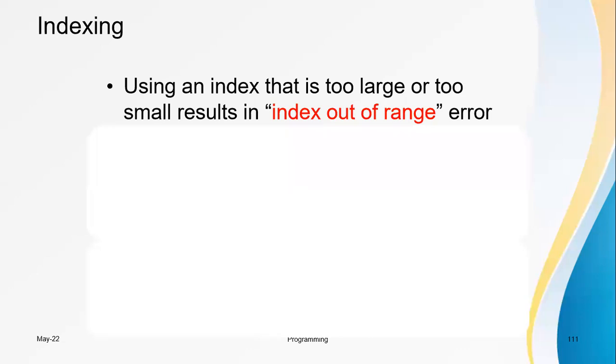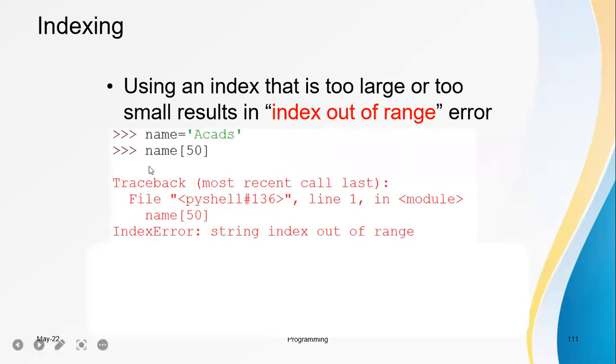For example, I have only 5 letters, Bloom. So here 0, 1, 2, 3, 4. The available index is only 4. If I am trying to write the 20th element, it will say index out of bound. The exception which you are getting is called index out of range.